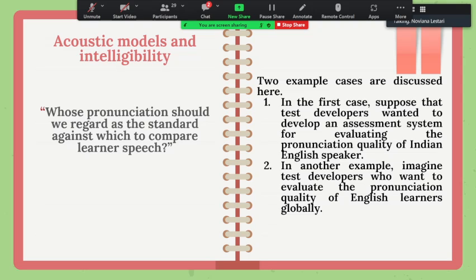In the first case, suppose that the developers want to develop an assessment system for evaluating the pronunciation quality of India's English speakers. And another example, imagine test developers who want to evaluate the pronunciation quality of English learners globally. The next slide, please.